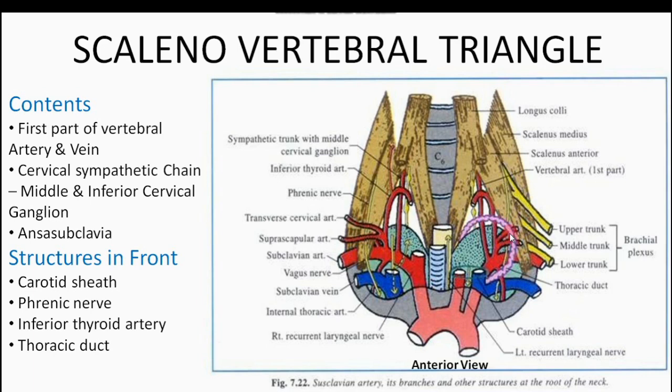Remember, this thoracic duct is present only on the left aspect, on the left scalenovertebral triangle. Because you have already gone over the lecture of the thoracic duct and you are aware of its course and relations. So it passes on the left.